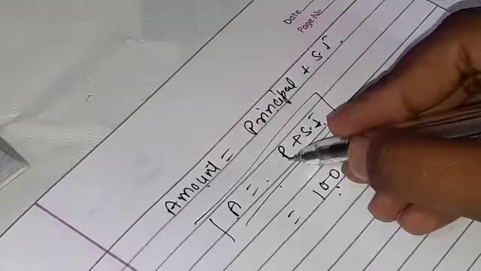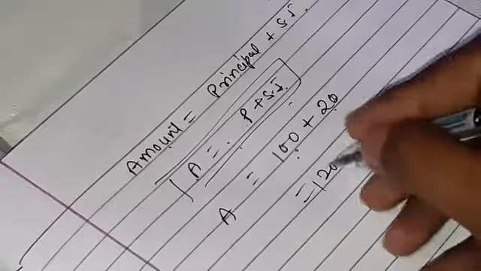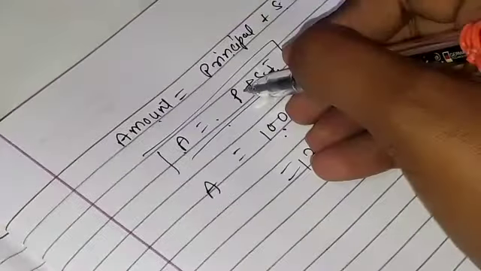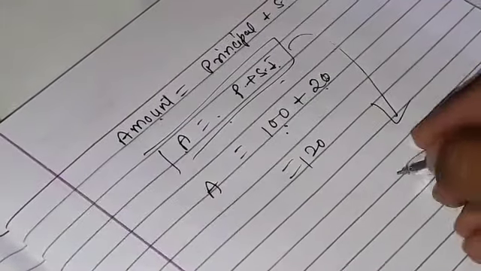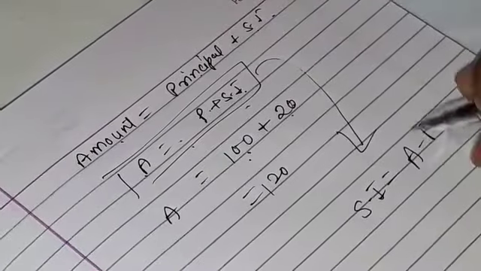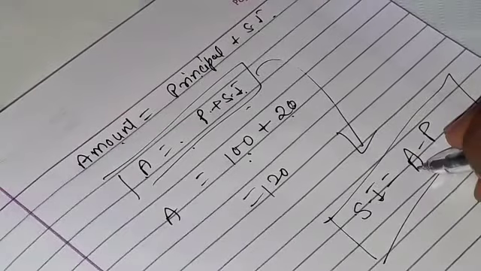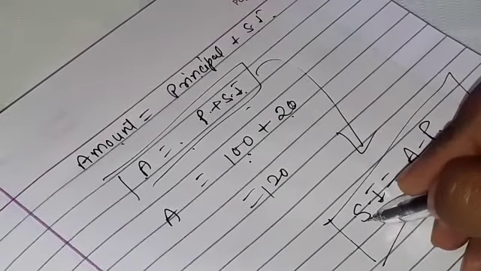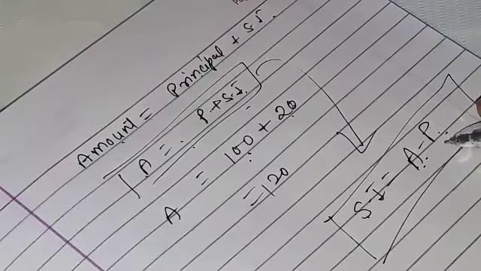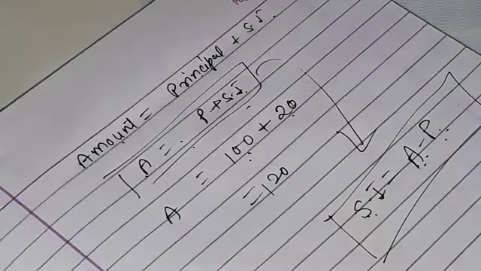So if they give you principal and simple interest, then you can find your amount, that is equal to 120. And with the help of this formula, class, you can also find your simple interest, that is equal to amount minus principal. So sometimes they provide you amount and principal and ask you about simple interest. So by simple subtracting you can find that.